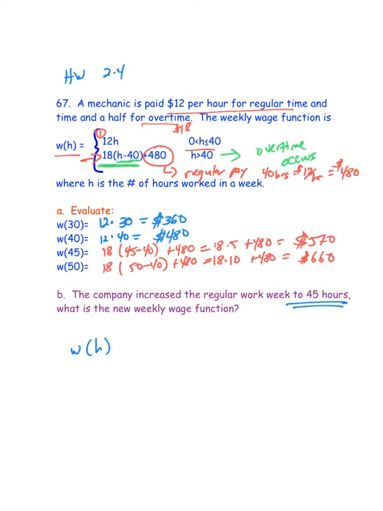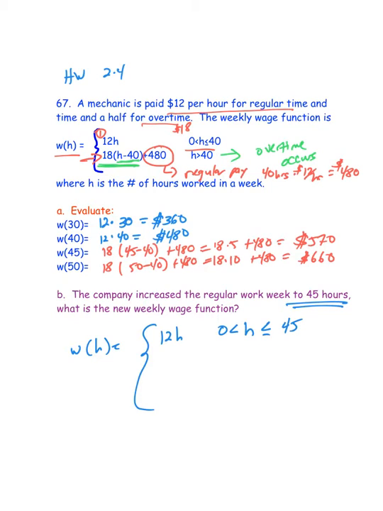So W of H, I'm still going to have two pieces. The first piece is going to be for regular time. So that regular time is still $12 an hour times the number of hours, but it's valid for H greater than 0 and less than or equal to 45, because you get regular pay up to 45 hours.